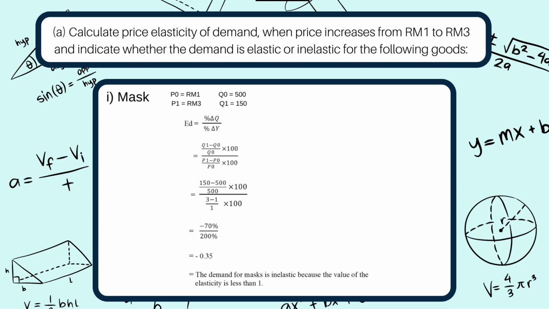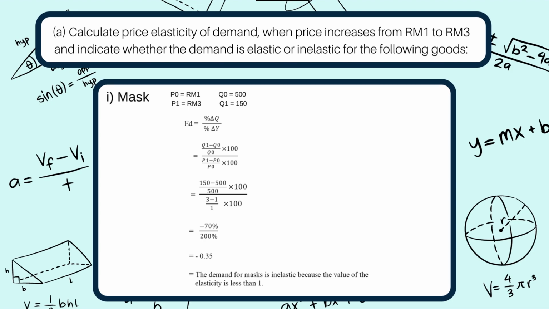I will explain question A, which is to calculate price elasticity of demand when price increases from RM1 to RM3 and indicate whether the demand is elastic or inelastic for the following goods.